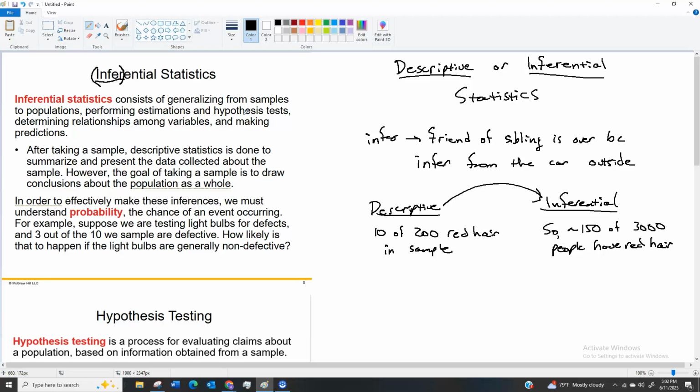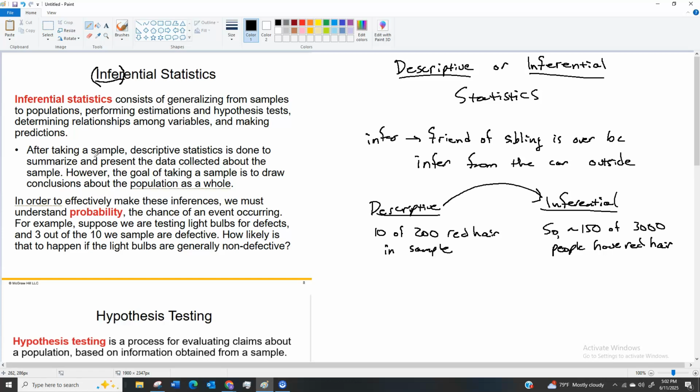You're going to do hypothesis tests, which we actually aren't going to do until chapter 8, I think it is. Yeah, it's chapter 8. So that'll be a while down the road, but we will do hypothesis tests, trying to determine relationships, like what does this cause that, making predictions. Those are all inferential statistics.